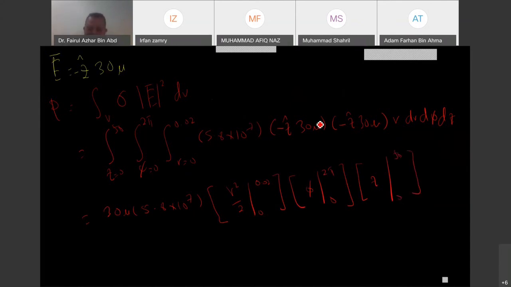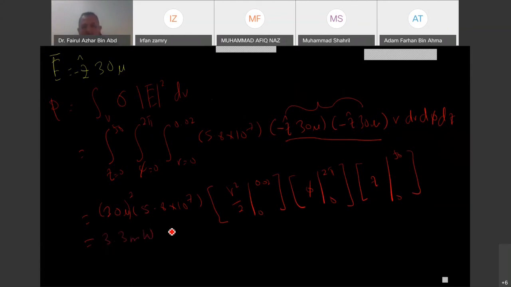Basically this is how we can solve it. I missed something here: there should be the power of 2. So if I solve this, I get 3.3 milliwatt.